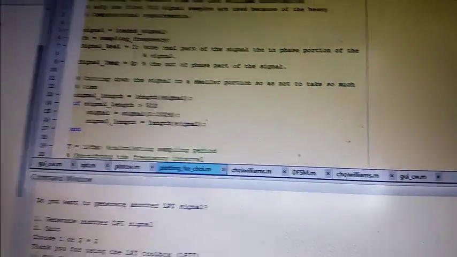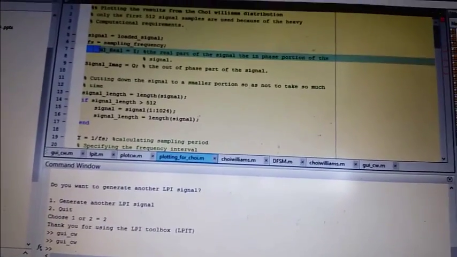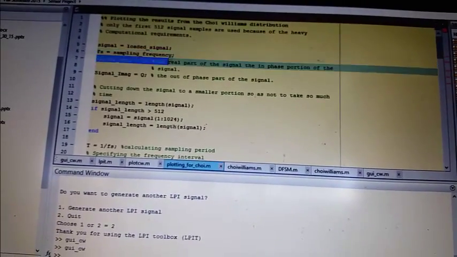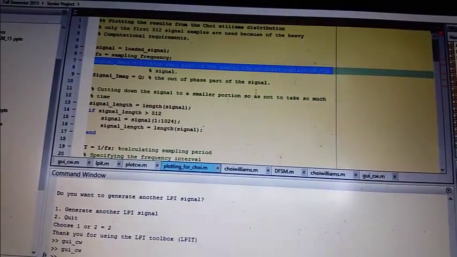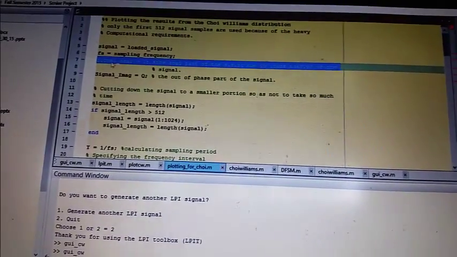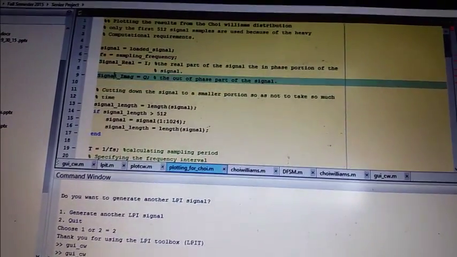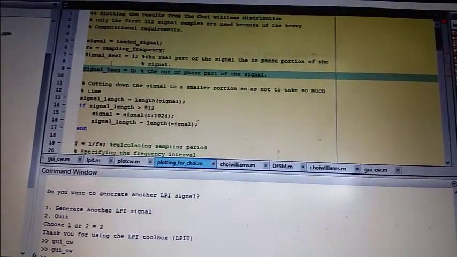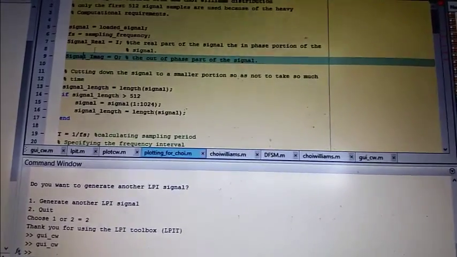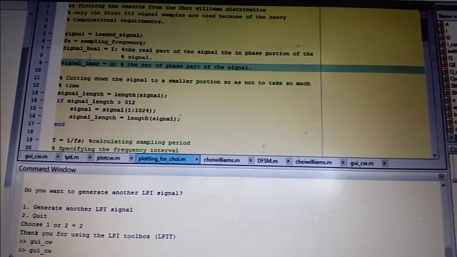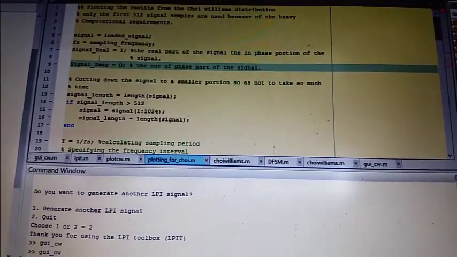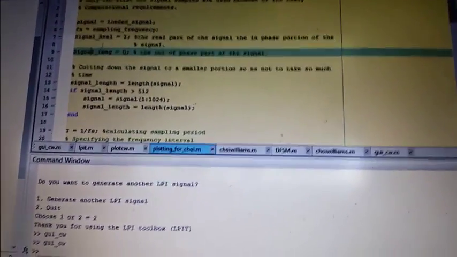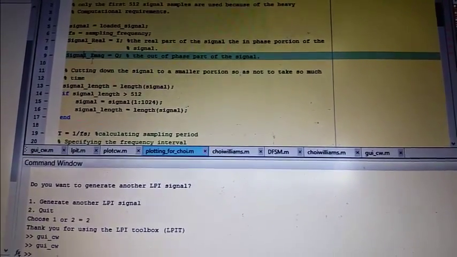I split the signal up into two parts: the in-phase portion, and then the out-of-phase portion, the I and the Q. Okay, and with the Choi-Williams distribution, it's typically very time consuming in the amount of calculations it takes, but there is a trade-off. It is time consuming, but it is very accurate and very easy to get parameters out of it.